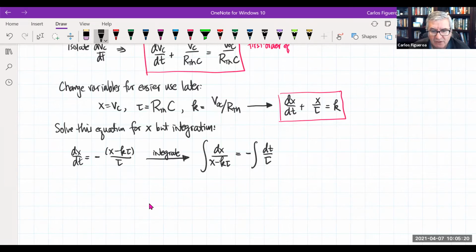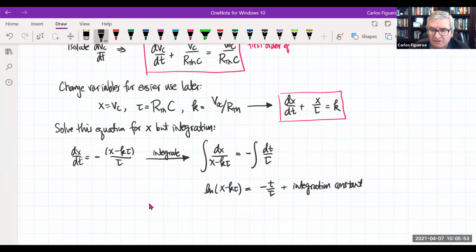So again, tau is a constant. So then if I integrate this thing, what I'm going to get here is the following thing. Clearly, I get this as the natural log of x minus k tau. And on the other side, I'm going to get minus t over tau right here. But this is an indefinite integral. Because this is an indefinite integral here, I have an integration constant.